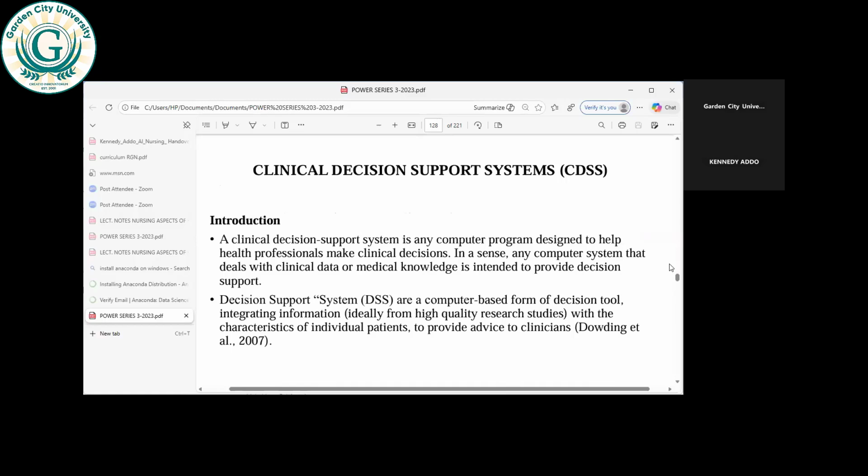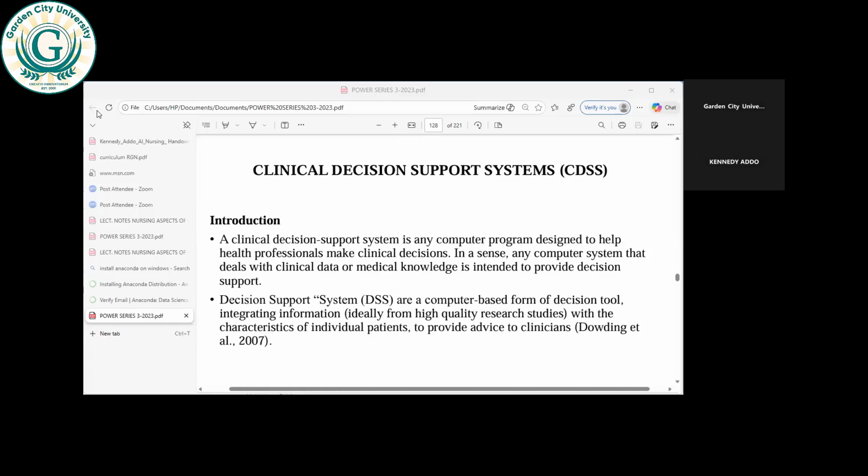And somebody will ask, how would this be distinct from electronic health records?